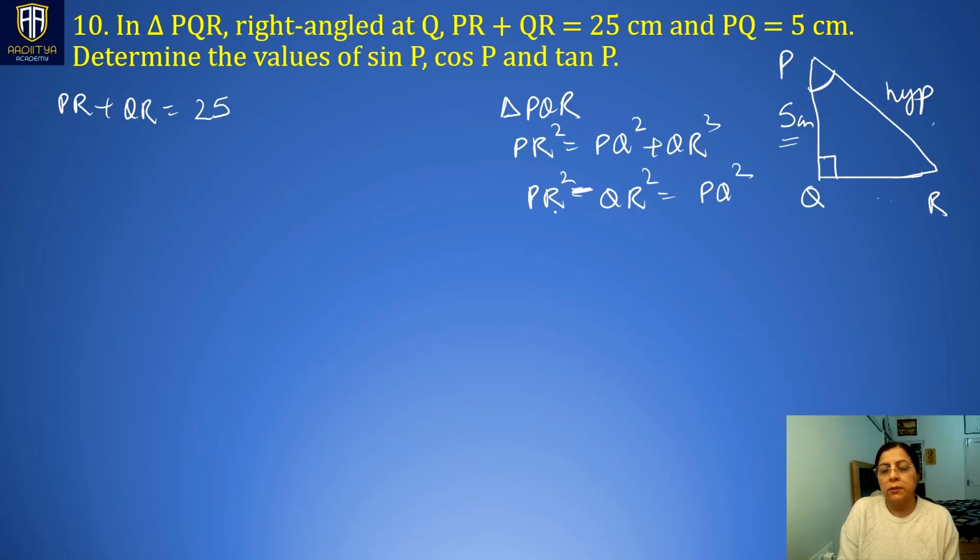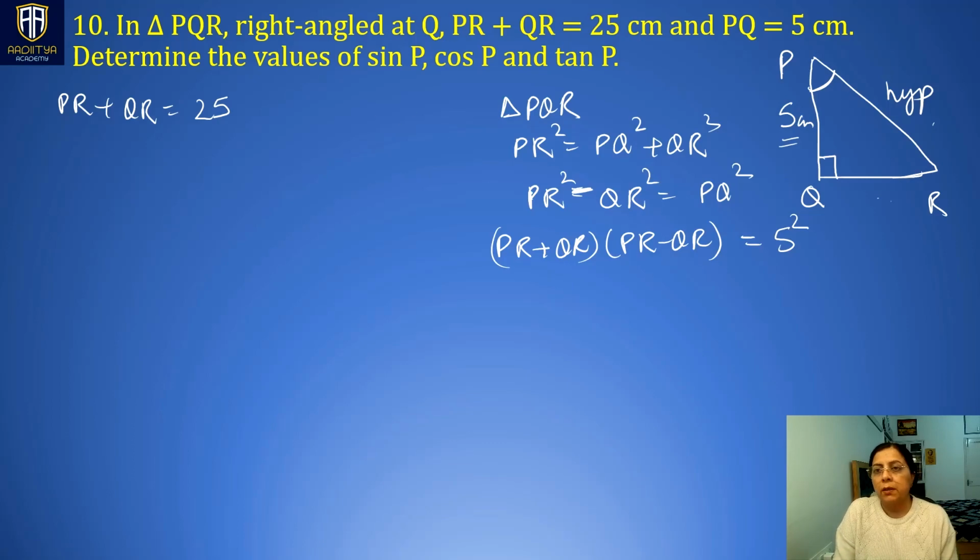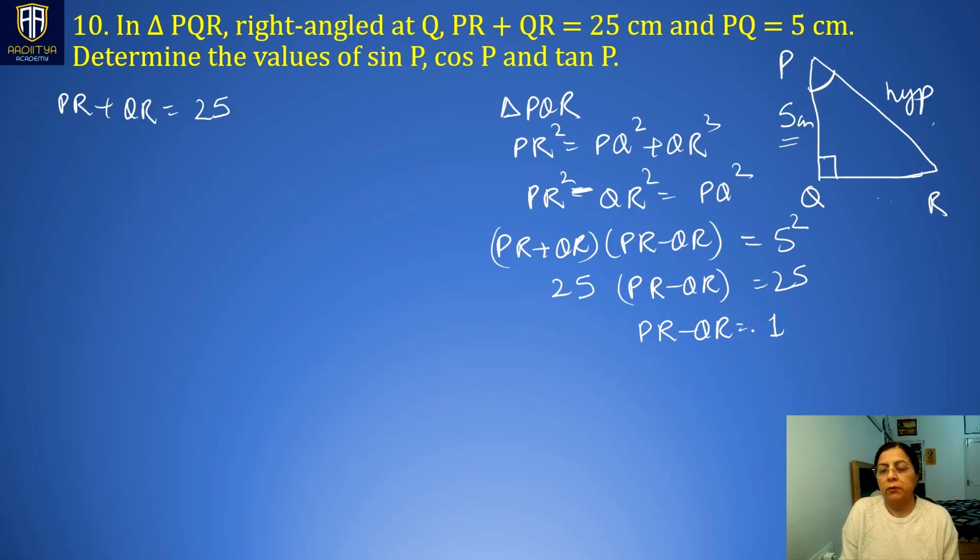Because we have this in the form of the identity A square minus B square, which is PR plus QR into PR minus QR. This becomes PQ square, which is 5 square. Now we are given PR plus QR as 25. So PR minus QR is 25 divided by 25, which becomes 1.